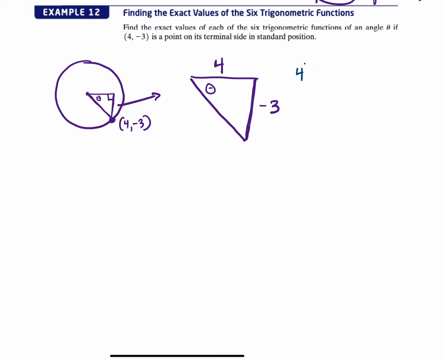So 4 squared plus (-3) squared will equal r squared. 4 squared is 16. (-3) squared is 9. 16 plus 9 is 25. So let's take the square root of both sides, and we'll say r equals 5. Technically plus or minus 5, but for the radius, just go ahead and use the positive value.